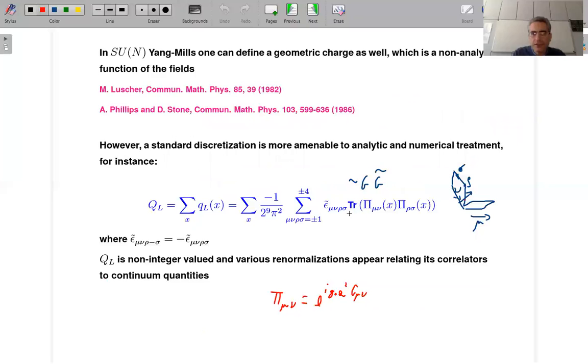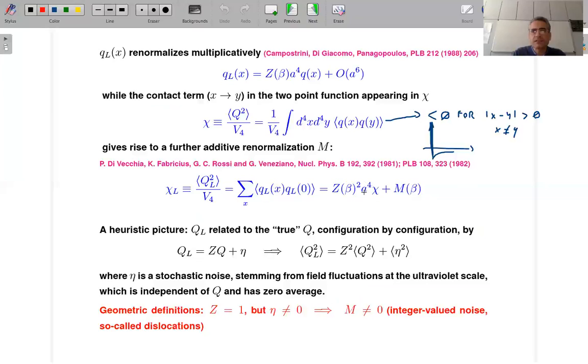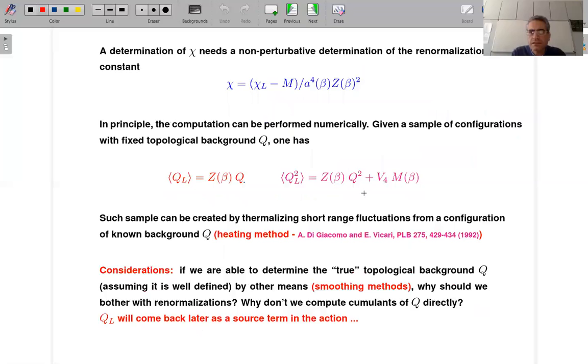And for this gluonic definition that I wrote here, the value of this multiplicative renormalization that you obtain for lattice spacing around 0.1 Fermi is of the order of 0.1. Okay, so it is not divergent, but it is between 0.1 and 0.2. So since it is squared, if you don't divide by Z squared, it makes a big factor.